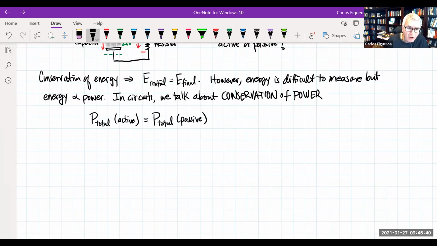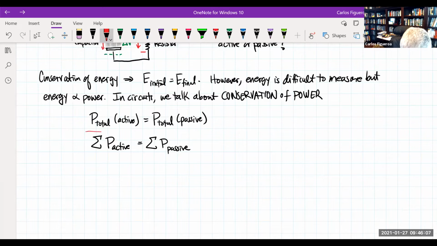That means all of the energy coming from the active elements is passed to all of the passive elements. So I typically write this as: the sum of all of the active powers in the circuit must equal the sum of all of the passive powers in the circuit. And this is what I call conservation of power.